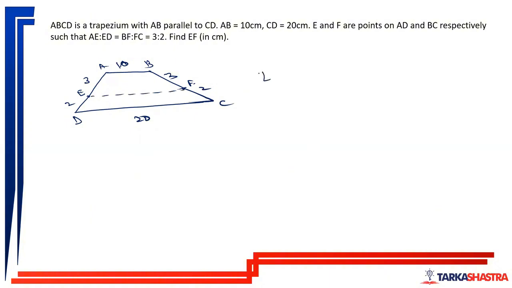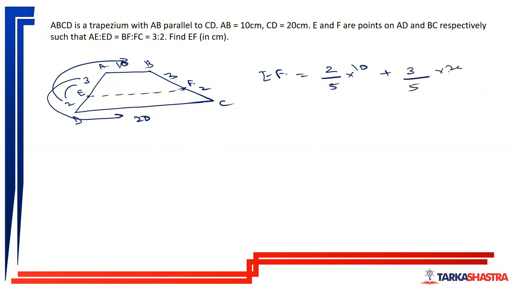This is very easy. For EF, there is a direct formula. EF is equal to 2 upon 2 plus 3, that is 5, into 10, and 3 upon 2 plus 3, that is 5, into 20.